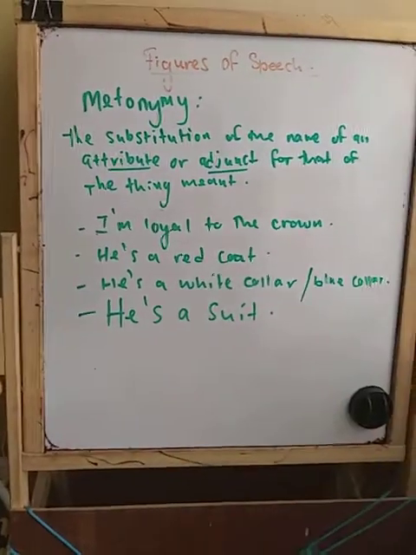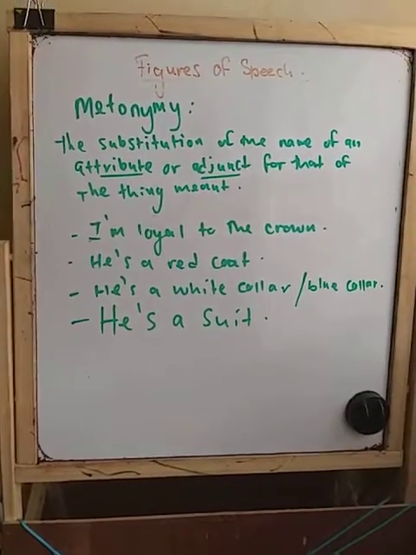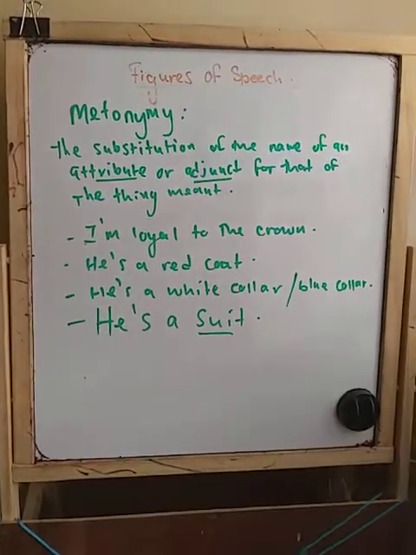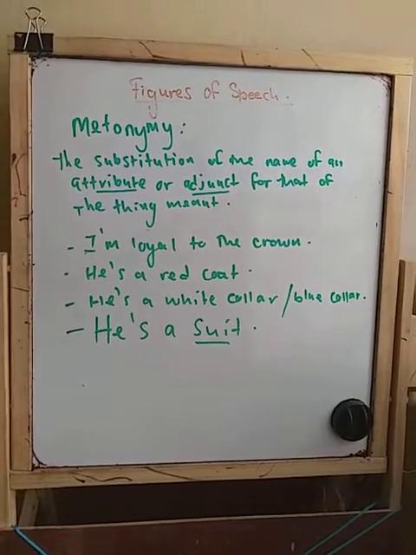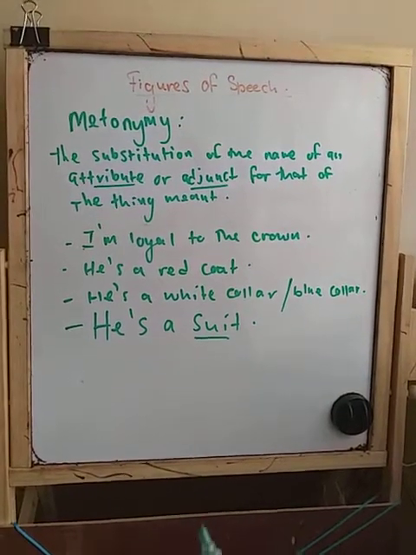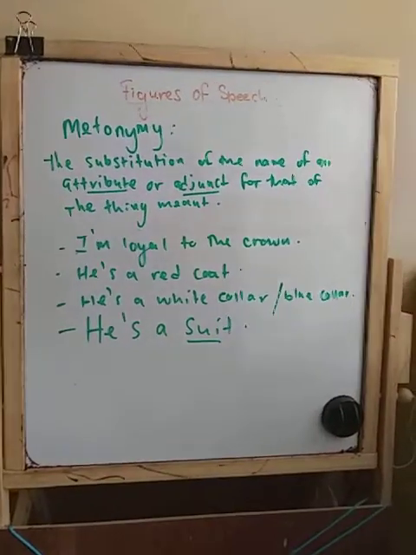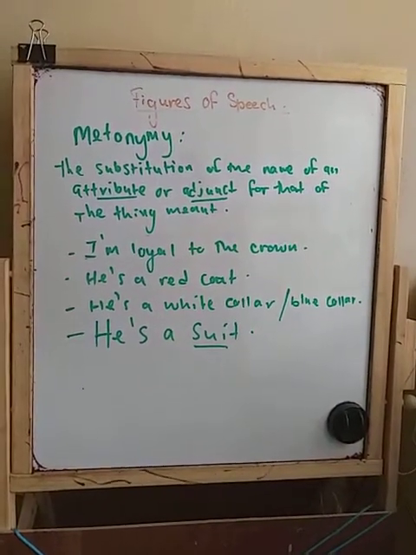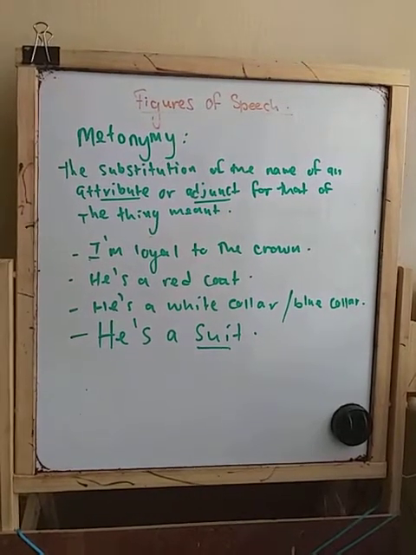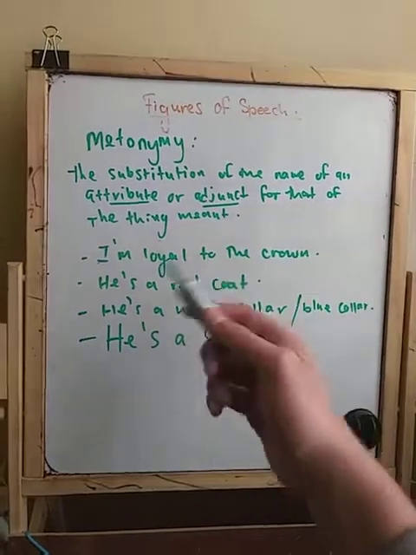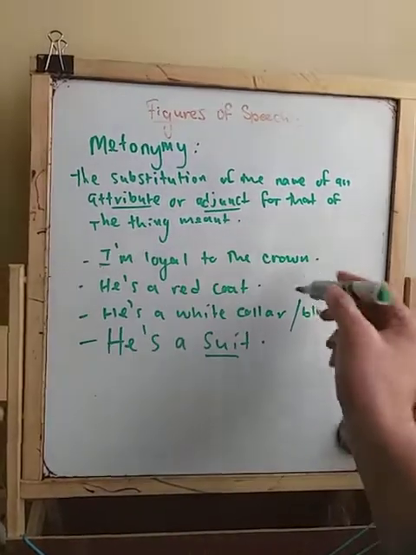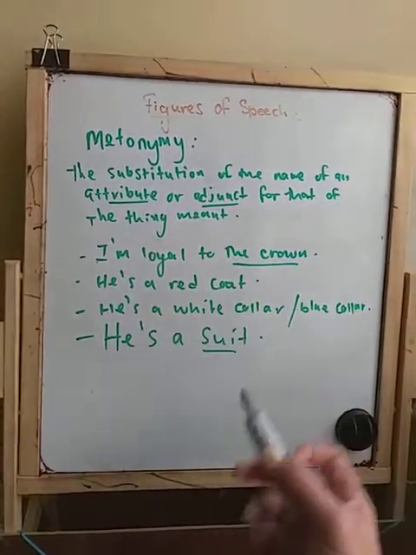So it means that he's a businessman, because that's the common attire of a businessman. And so he's a suit means that he's a businessman. All right, so this is another figure of speech, metonymy, and it means you substitute the word by one of its attributes.